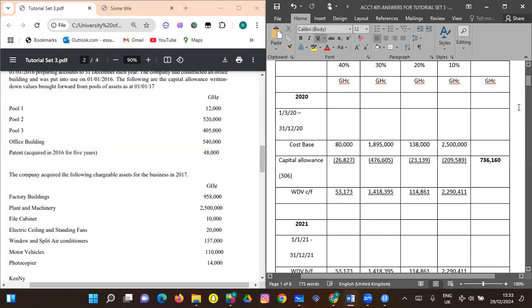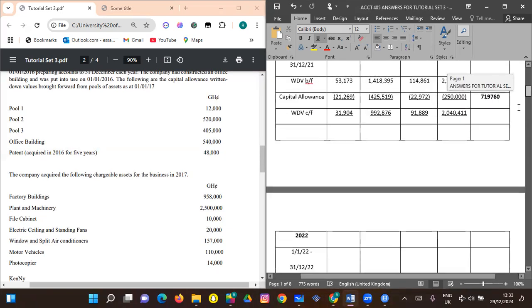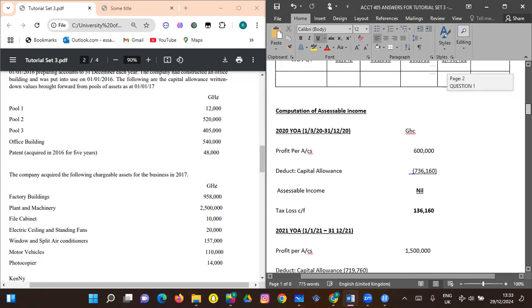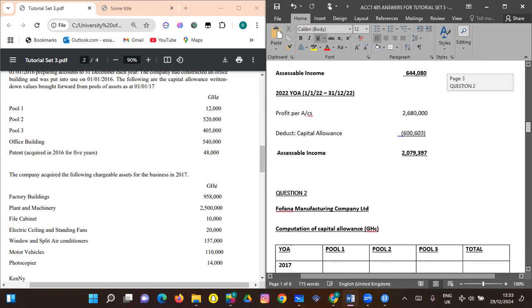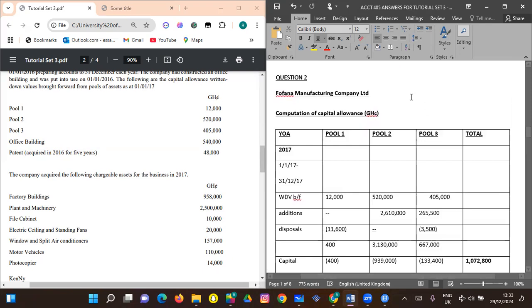So all these items are just the written down values, meaning that they've already deducted capital allowances from it. So pool one is having 12,000. Pool two is 520,000.